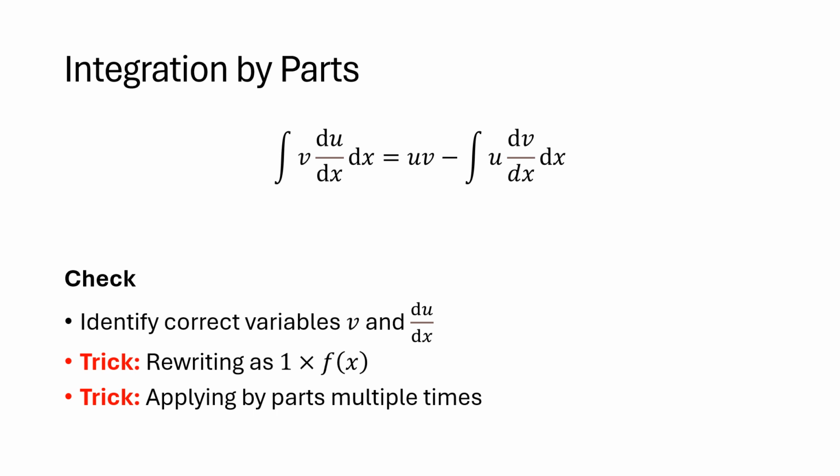2 quick remarks. Integration by parts can be applied to a rather difficult question where you need to use a trick, where we need to decompose a function in the form 1 times that function. And the other one is where we need to use integration by parts multiple times, which can be rather cumbersome.